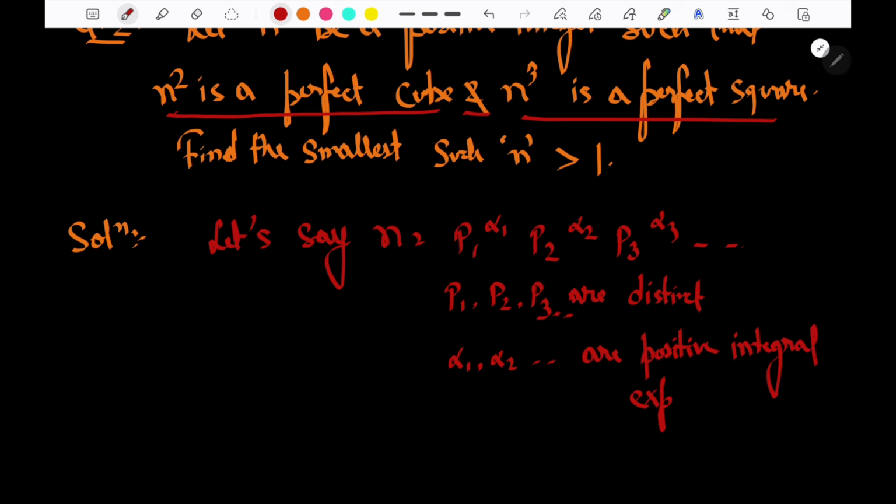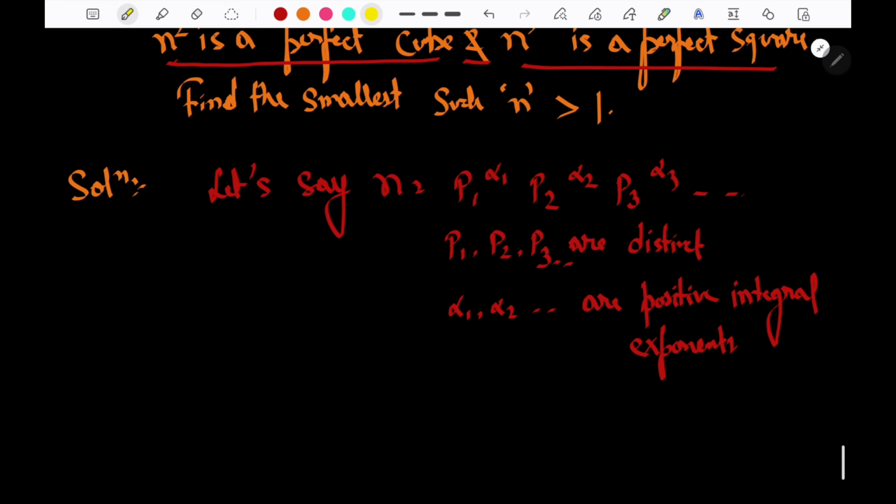Okay, this part is done. Now what next? So first condition is n square is a perfect cube. Okay, n square is perfect cube. So this was step 1, this step 2. N square is perfect cube.